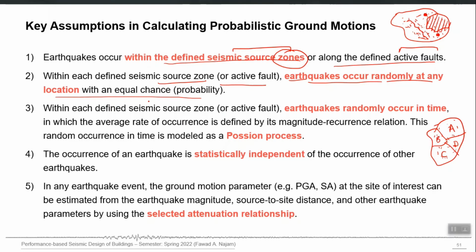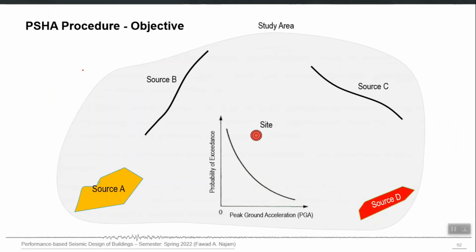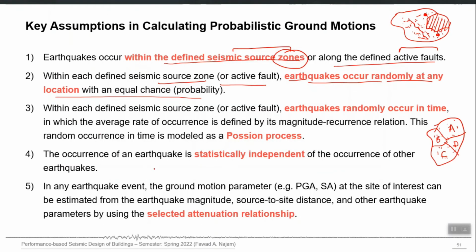So for example, let me go here, maybe at the bottom, this is my study area, and historical seismicity for the last 100 or 200 years looks like this. Let's say there is a very dense cluster of past earthquakes, and then some other earthquakes which are not so closely located.